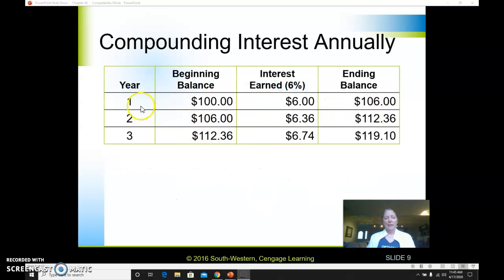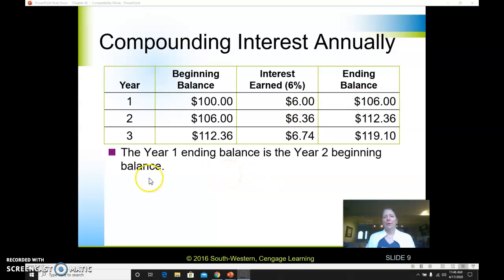So this is that same scenario that we were talking about earlier. We had $100 when we did it under simple interest, and we got an ending balance of $118. But if I compound interest annually in this case, then I'm going to earn interest on the interest. So the year one ending balance, 100, the principal, times the rate of 6% times the time, just 1 year, because we're doing it annually, is $106.